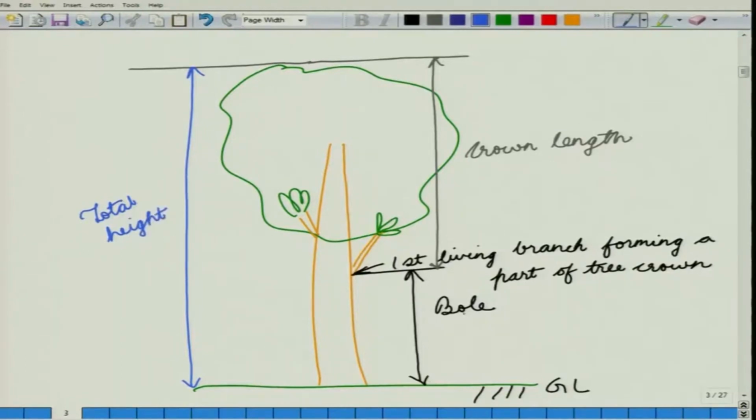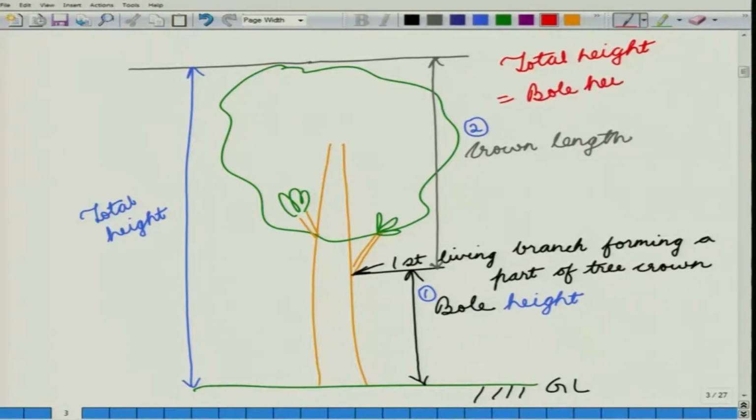One is the bole height, and the second portion is the crown length. So, we can also say that total height is equal to bole height plus crown length.